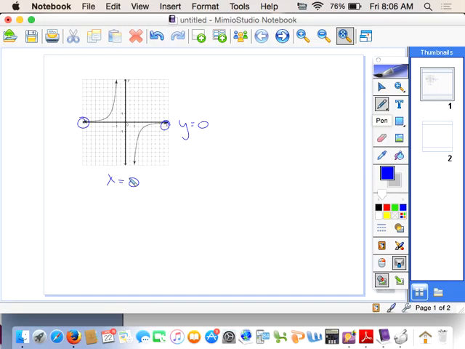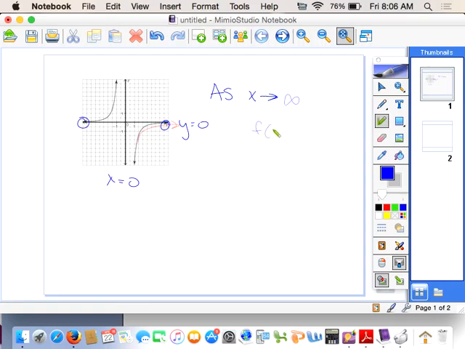So the way we talk about end behaviors is we say as x, as our input approaches something, what happens to our output? And so if we're looking at what's happening to this function as x approaches infinity, which means it's going all the way to the right, what's happening to our output?